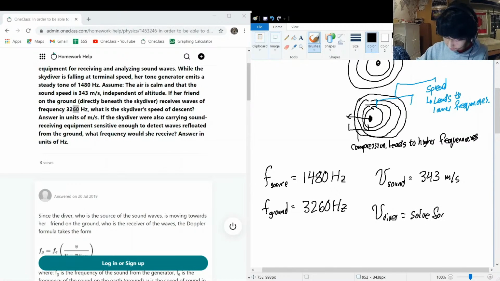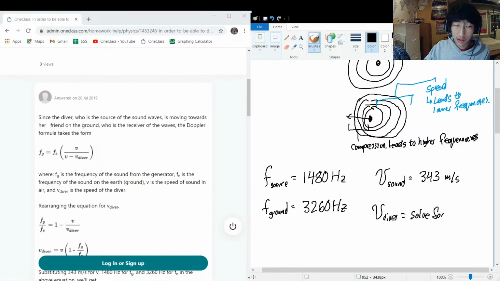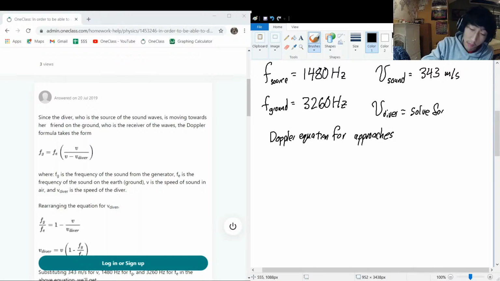Okay, cool. We're going to use our Doppler equation for approaching objects.